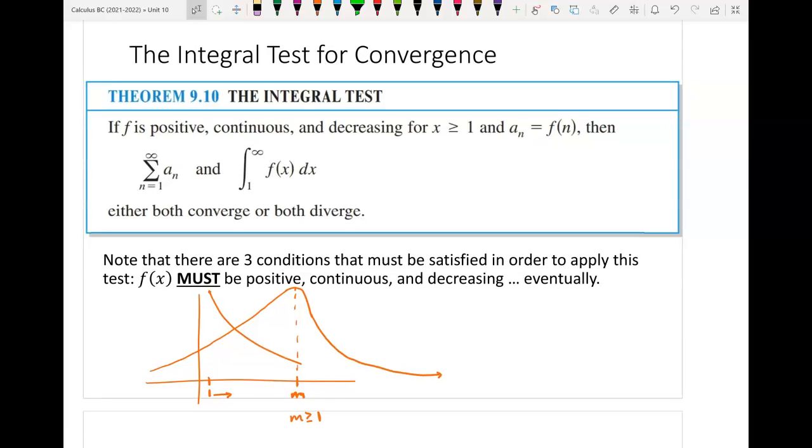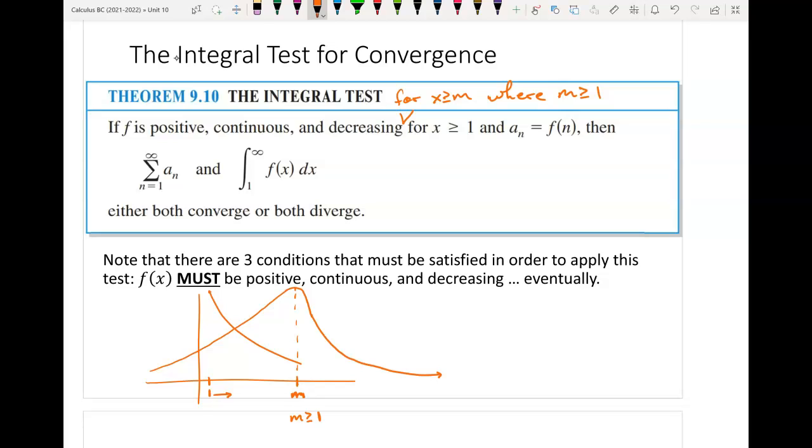For that reason, if you look at the video from College Board, the guy changes the wording a little bit. He says, if f is positive, continuous, and decreasing for x greater than or equal to m, where m is greater than or equal to 1, so that it takes care of needing some value of m such that everything beyond that value is decreasing.